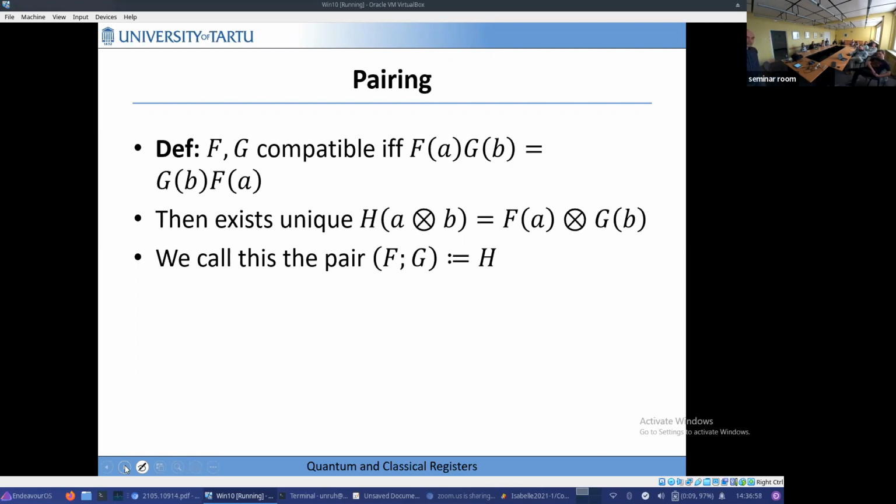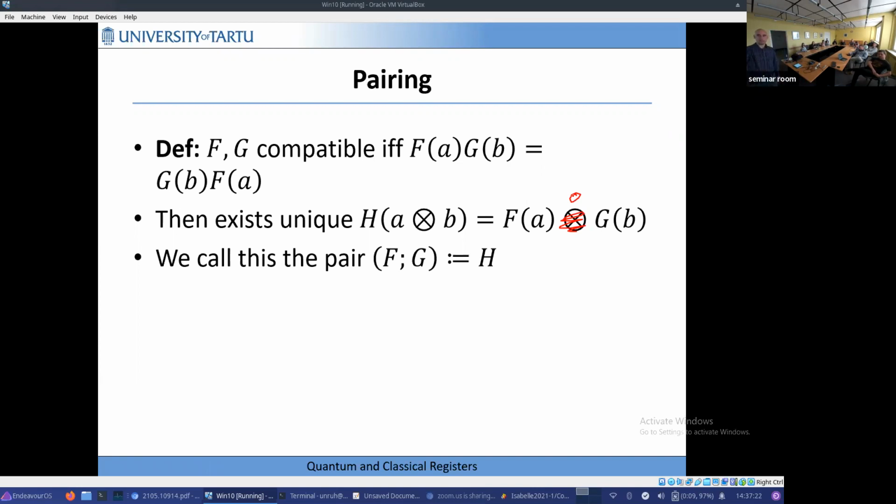Because then we can show that there exists a unique register H, so that if I apply H to A tensor B, so A and B applied as two operations in parallel, it is the same as doing, sorry, there's a typo here. Magic pen use, yay.